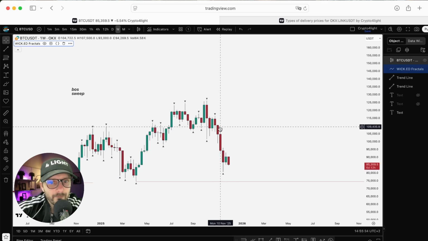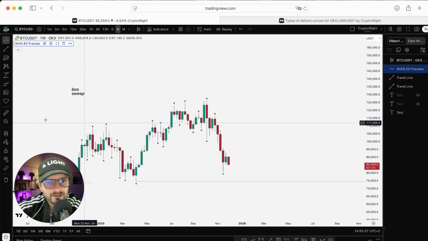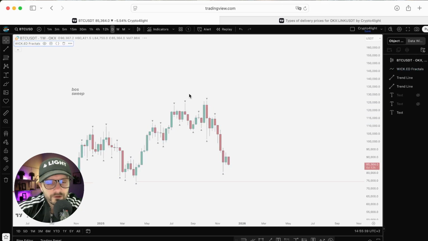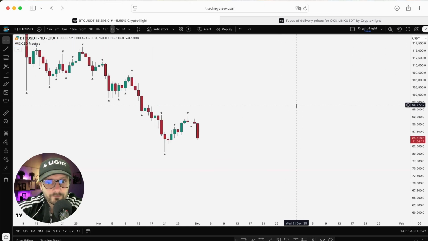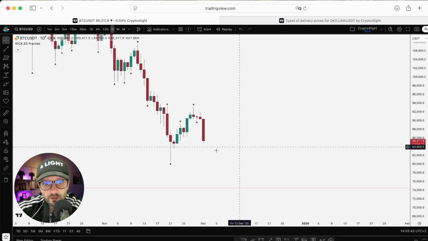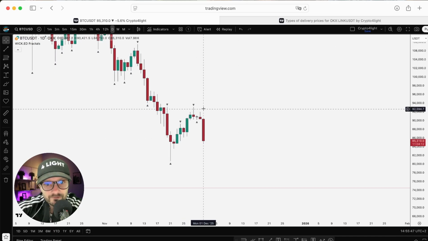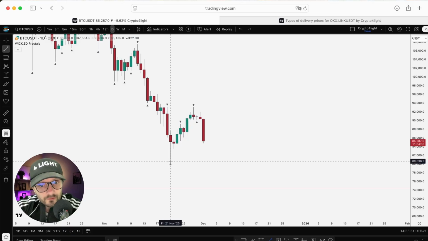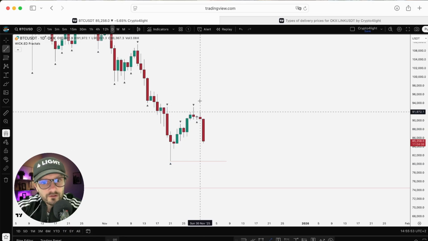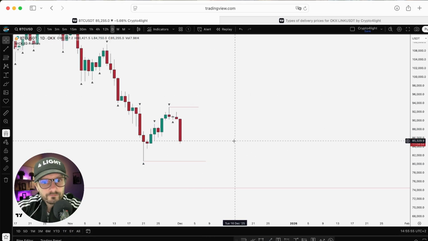And usually we come back and sweep those fractals on different time frames. But it, of course, depends on the time frame. So now all eyes on this fractal and this fractal. Until we sweep some of these fractals, we are just in a range.